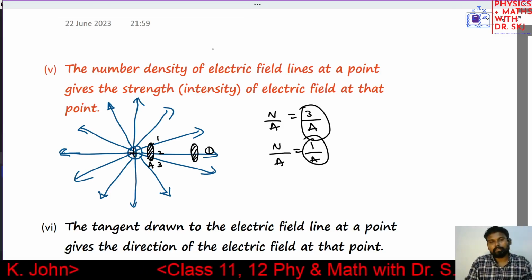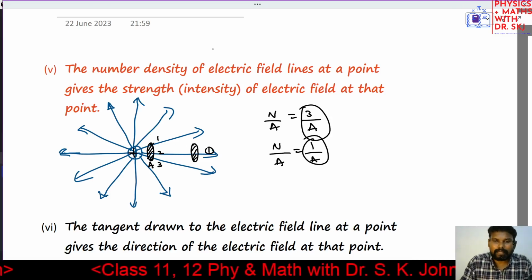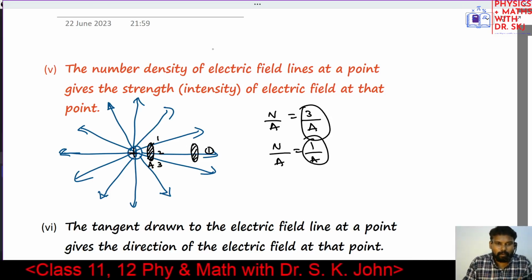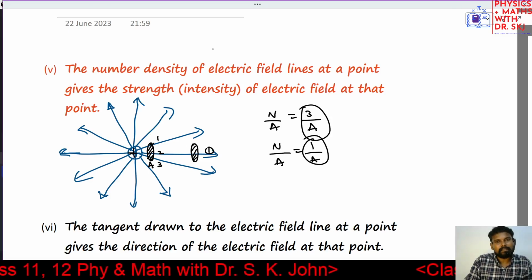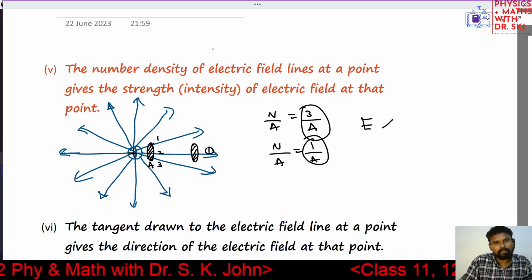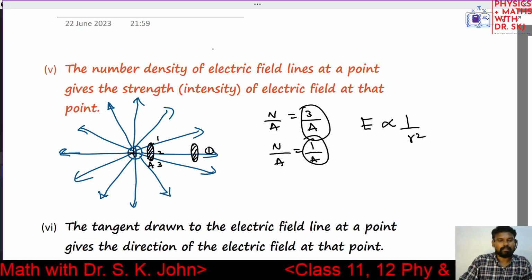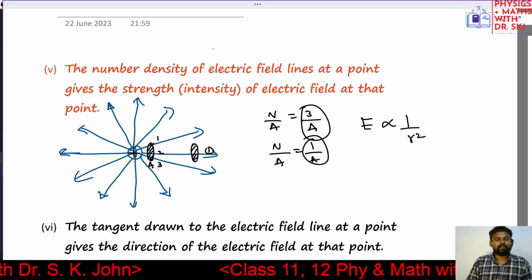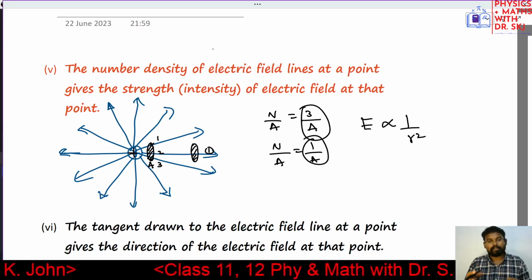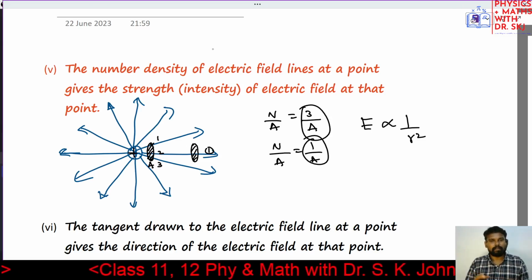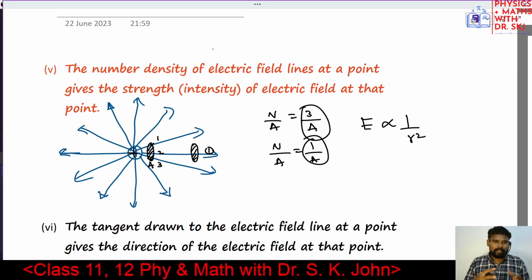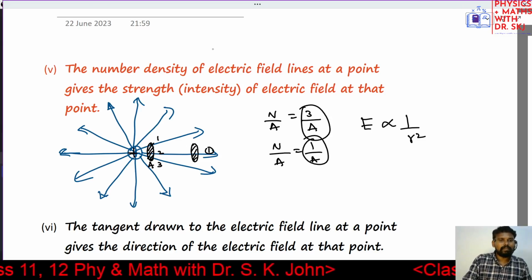When we move away from this charge, the number of field lines decreases. It is because when we move away from the charge, the field also decreases, because the field is inversely proportional to the square of the distance. So when the field decreases, the field lines become farther apart. When the field is stronger, the field lines are very close to each other.